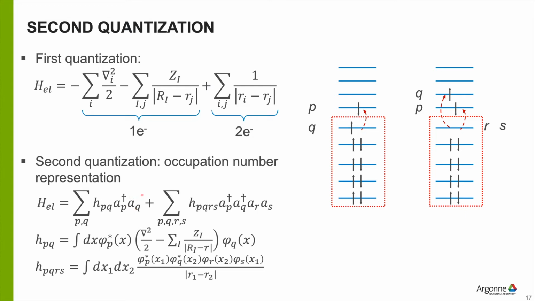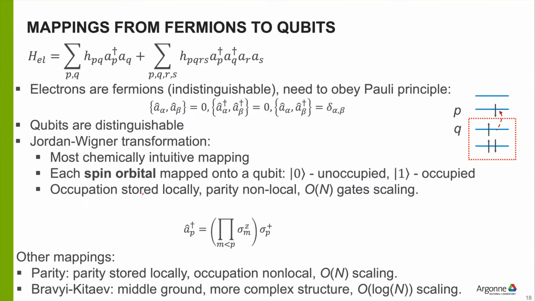And this is how we map the electrons to qubits. And here are more details about that.